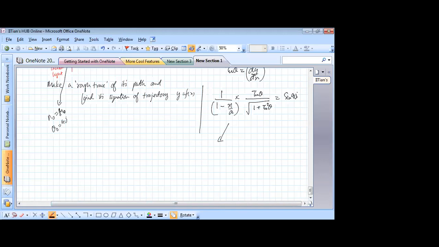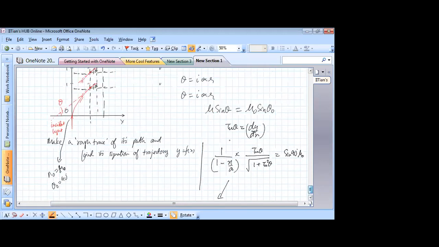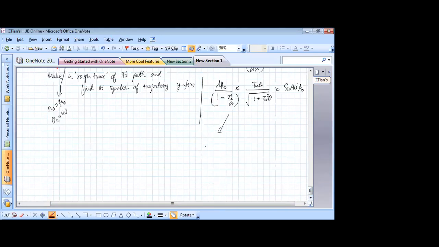There will be a mu naught over here also. That mu naught cancels both sides. So we have dy by dx upon square root of 1 plus dy by dx whole square is equal to 1 minus x by a.